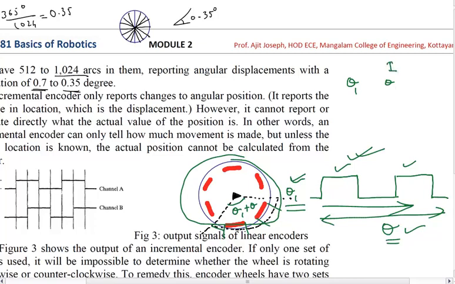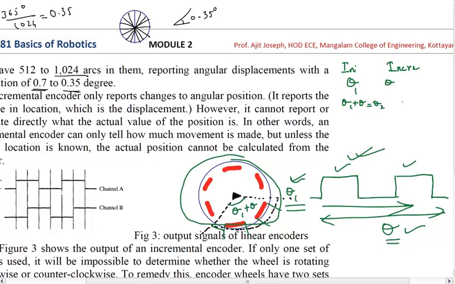So I will write this as increment, and this is the initial value. Okay, so theta 1 was the initial value, the increment is theta, so the new initial value is theta 1 plus theta, which I will name as theta 2.